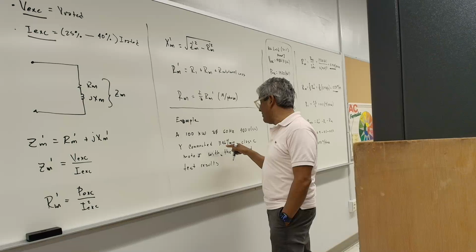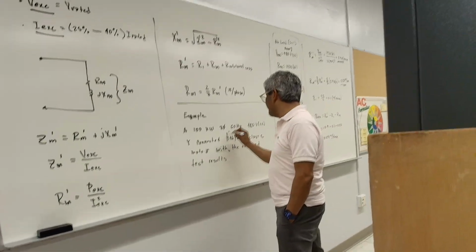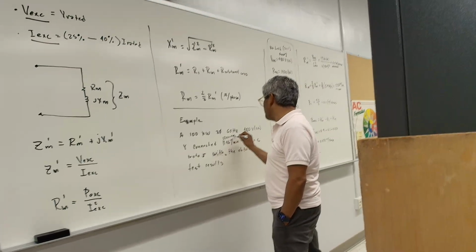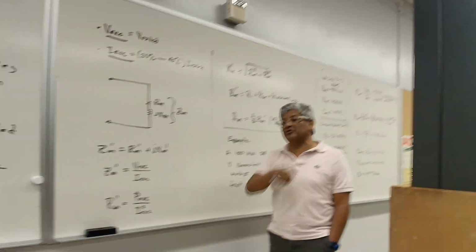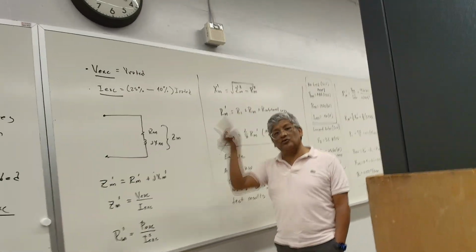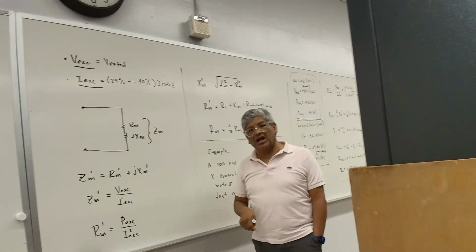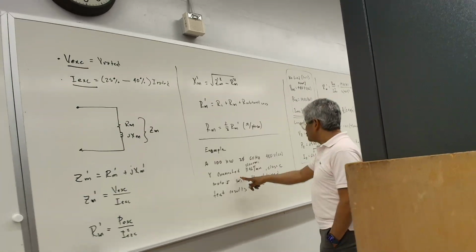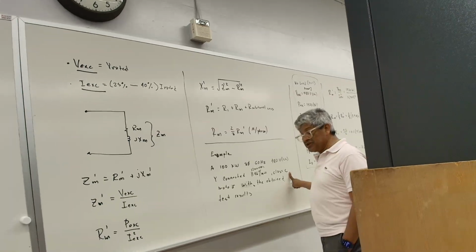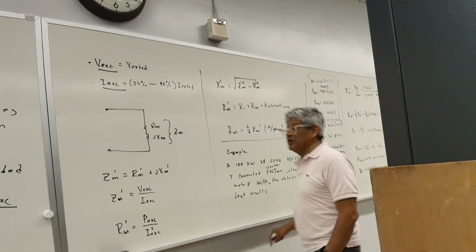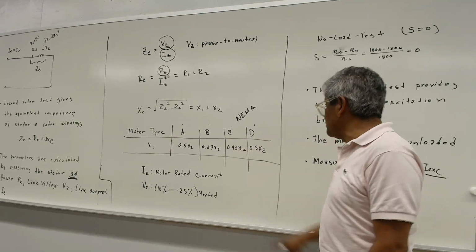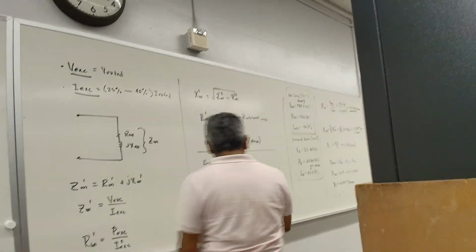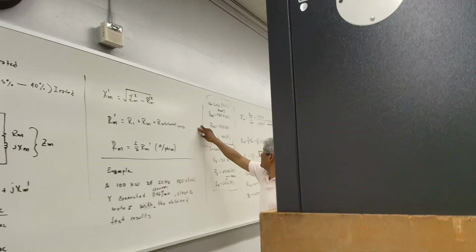By the way, this is a 1200 RPM machine, meaning the rotational field that you create is going at 1200 revolutions per minute. They're telling us that this is a C-class machine. So these are the equations we're going to be using shortly, and the results are the following.